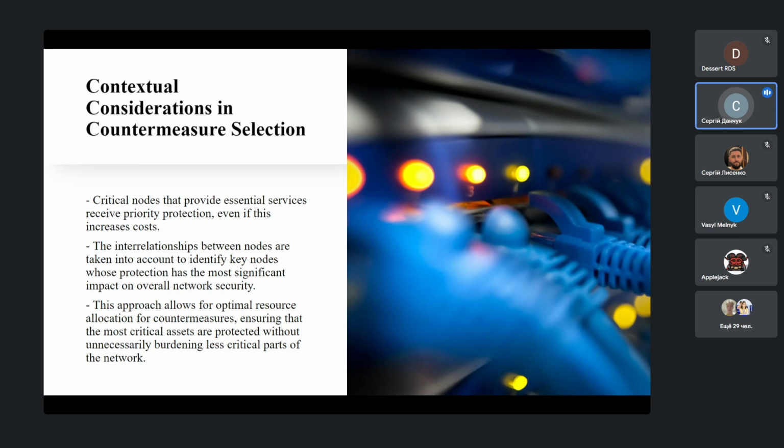Contextual consideration in countermeasure selection. Once selecting countermeasures, it's important to consider the context of each node's use. Critical nodes that provide an essential service receive priority protection, even if at increased cost.